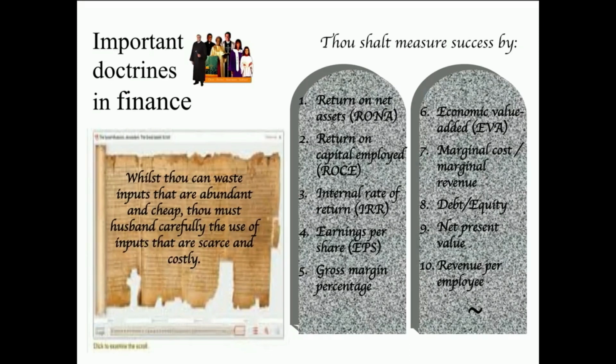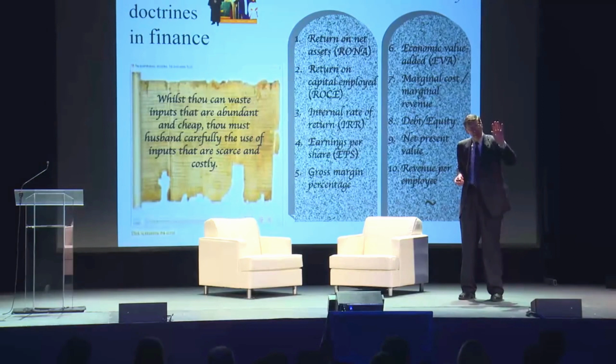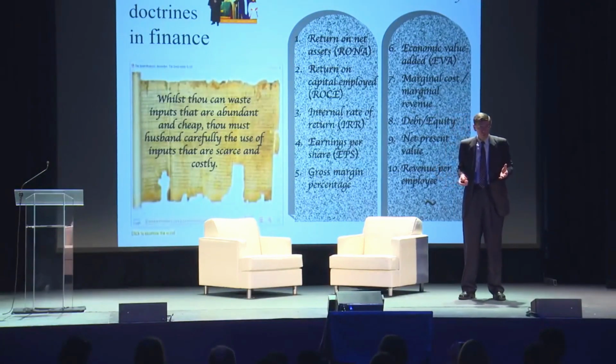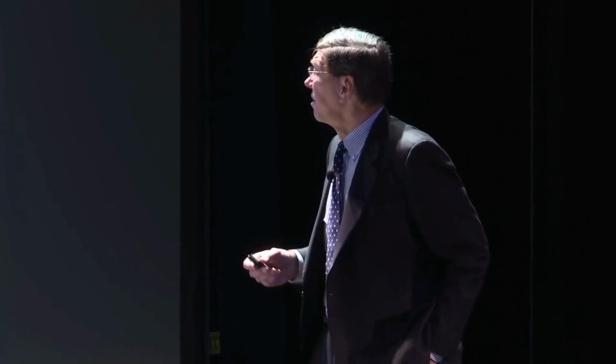Sure, I could be more profitable and increase the numerator, but what the heck? If innovation is too hard, I'll just only invest my money in things that pay off in the short term. Either way, IRR goes up and I'm a star. But the ratio has a big impact, as we'll see next.